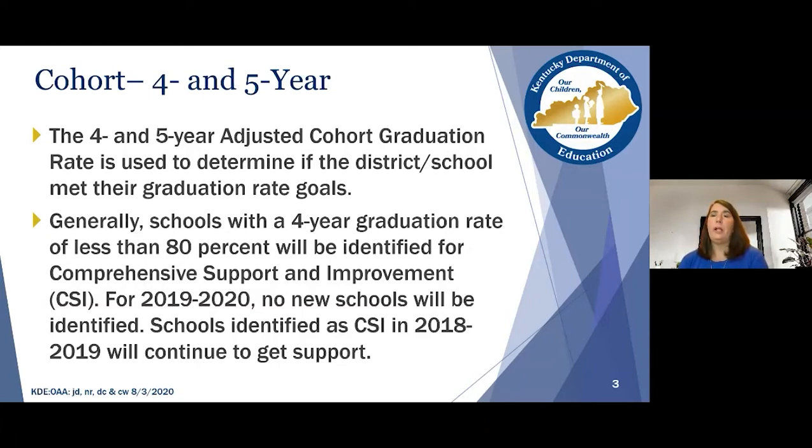And generally, schools with a 4-year graduation rate of less than 80% will be identified for what we call CSI, which is Comprehensive Support and Improvement. But for school year 2019-2020, no schools will be identified. So schools identified as CSI back in 2018-19 will continue to get support.